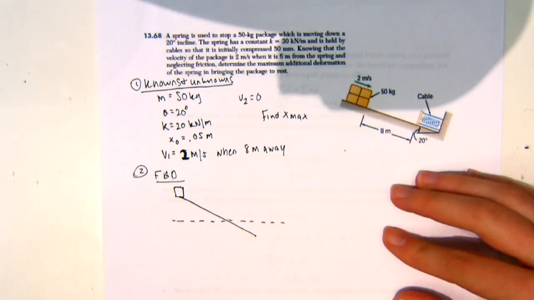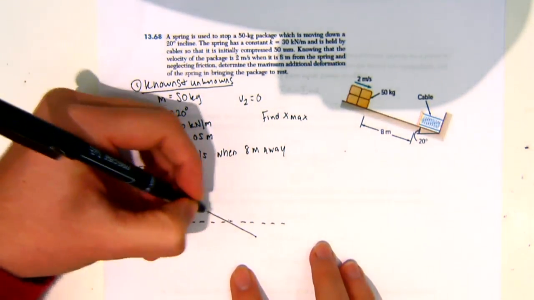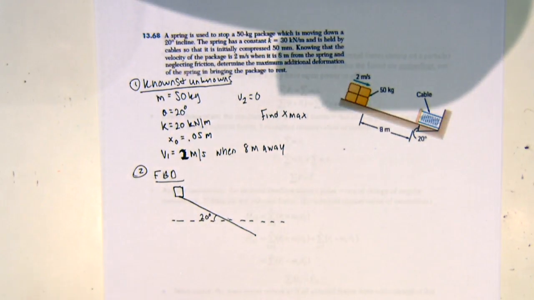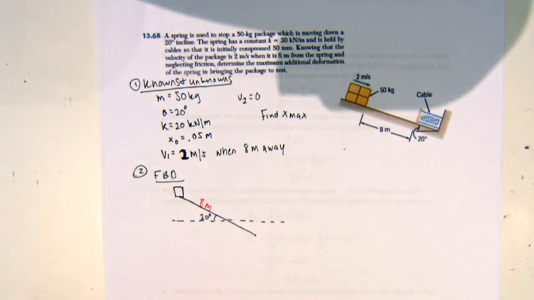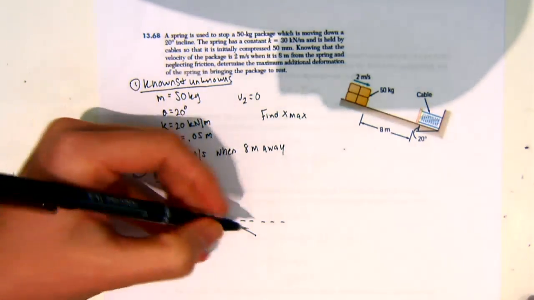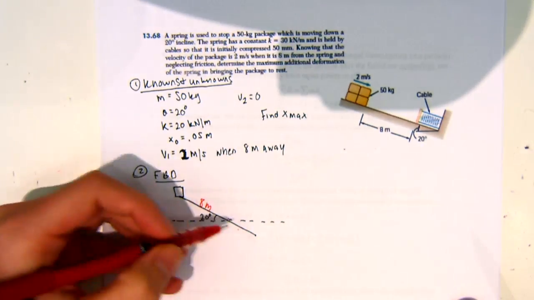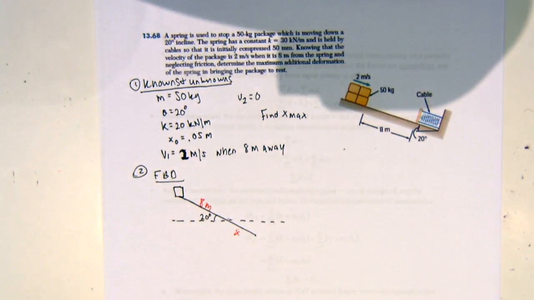So my datum is my 0 point. So we know that this angle is 20 degrees and that this is 8 meters. And we don't know what this is. So if this is my additional deformation, I'm going to call this X. So that's what I'm going to look for.